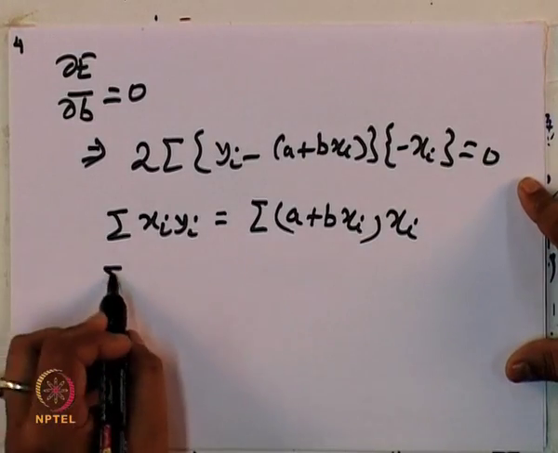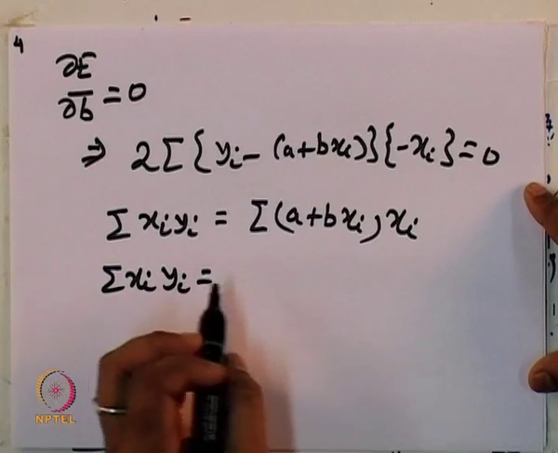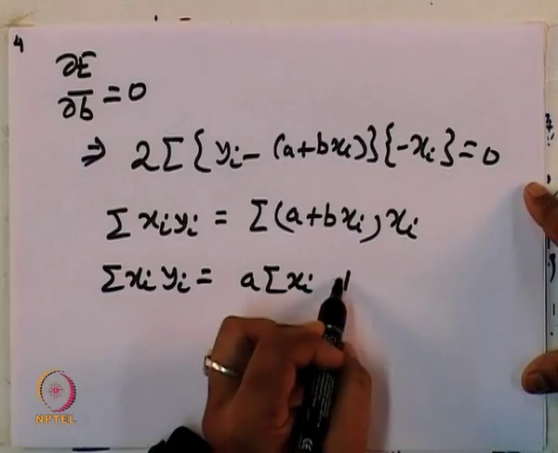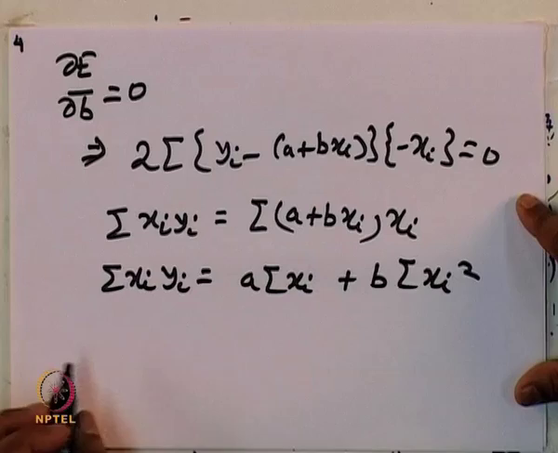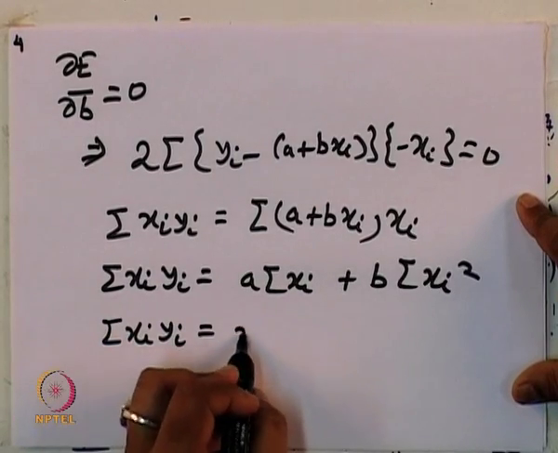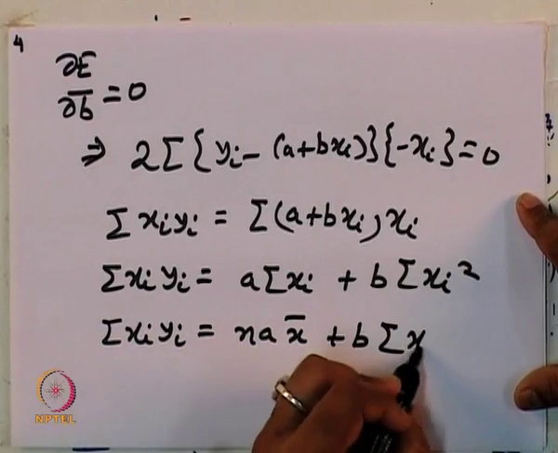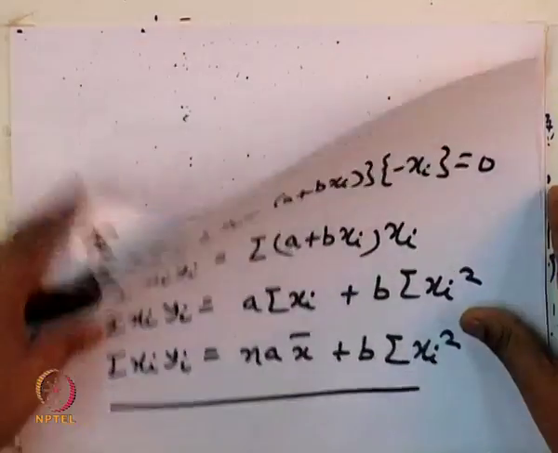Okay. So, I can simplify it further, is equal to a summation of xi plus b summation of xi square. Okay. So, I can further simplify it, summation xi yi is equal to n a x bar plus b summation xi square. Okay. So, I have two equations.